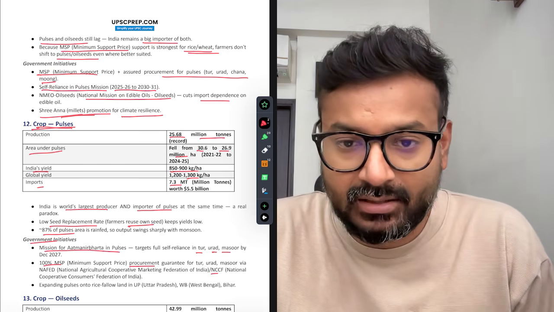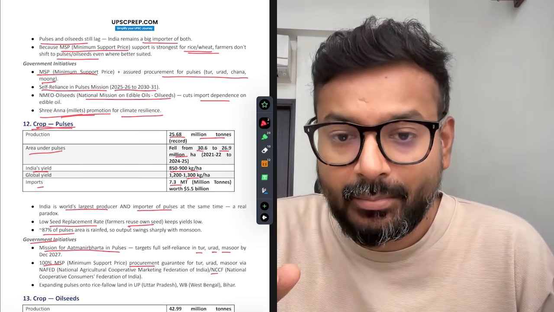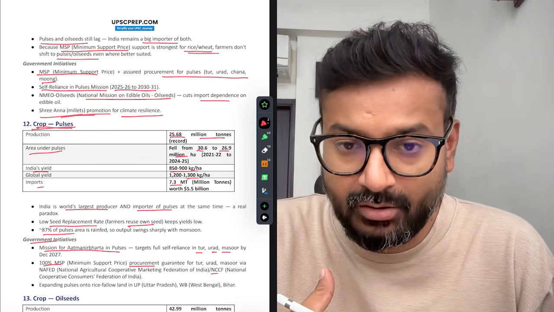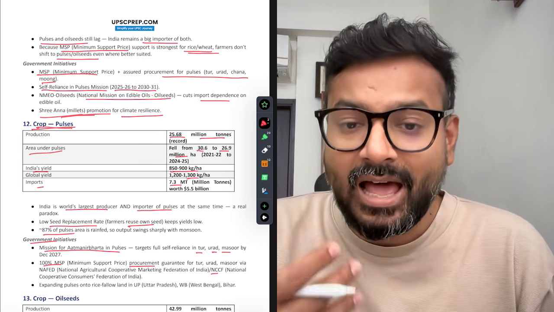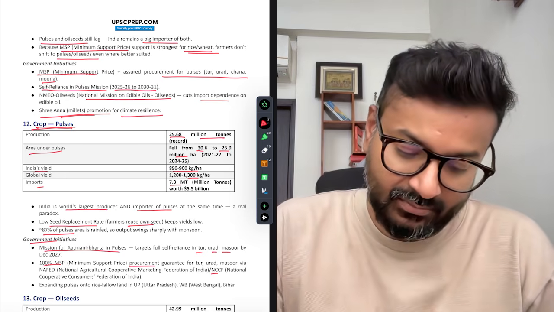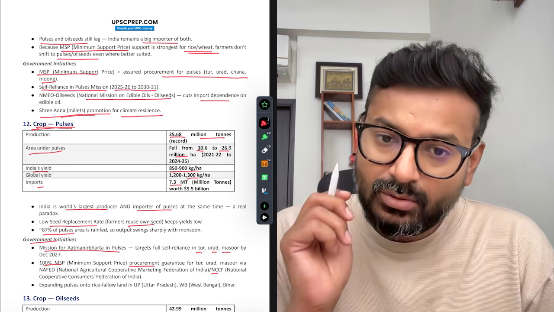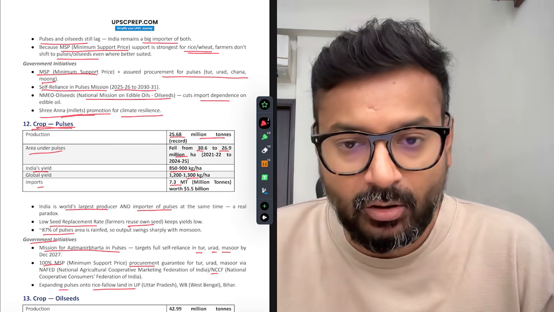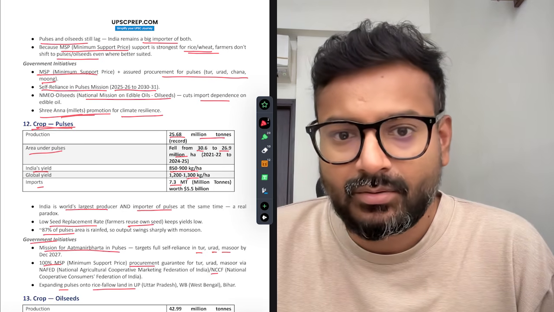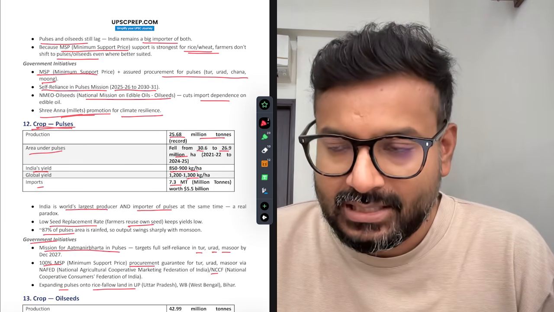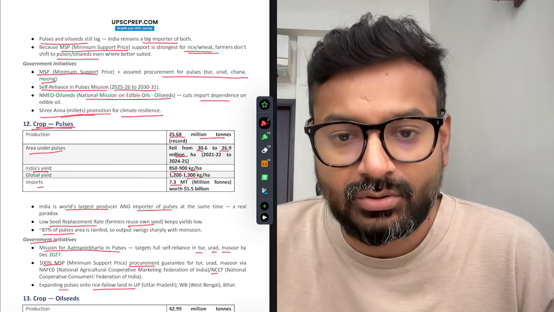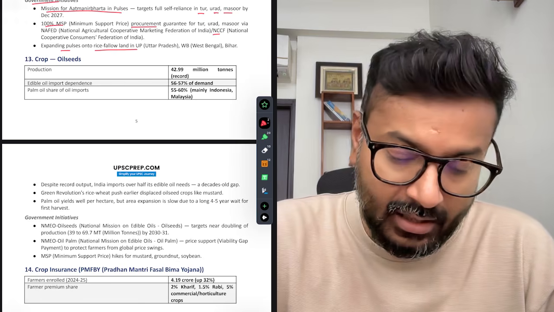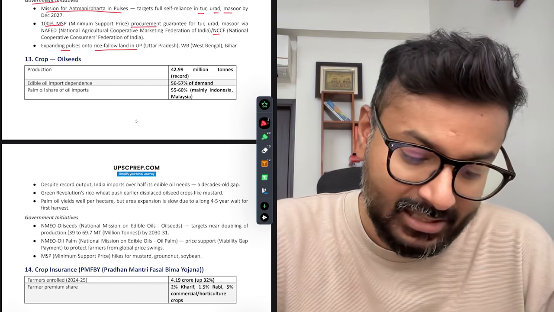Okay, so these are government procurement agencies, and the government has now assured that 100% of pulses production will be procured by the government, and therefore farmers now have incentive to grow pulses in their fields. There is also a push to expand pulses in the rice fallow land in UP, West Bengal, and Bihar. Okay, so right now the rice is grown in one of the seasons, and in the other season there is a push to grow pulses.